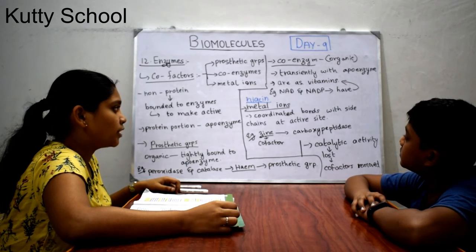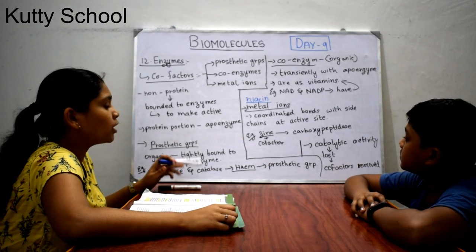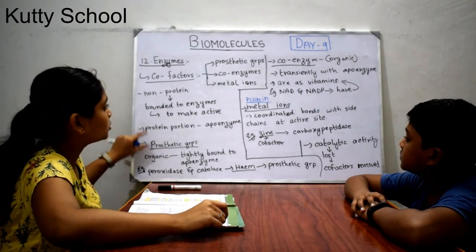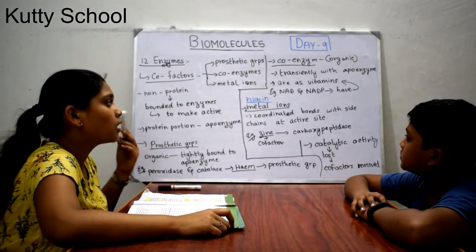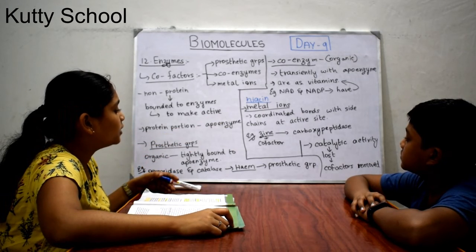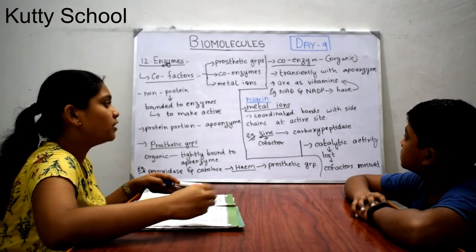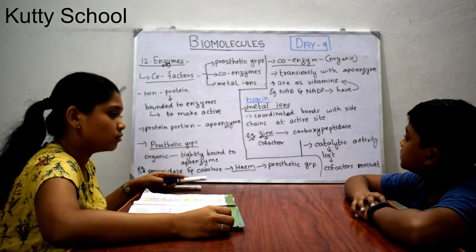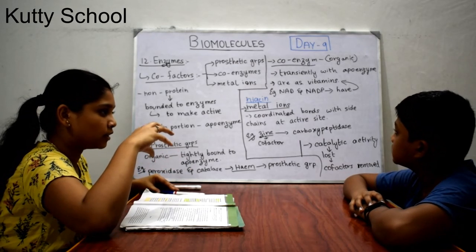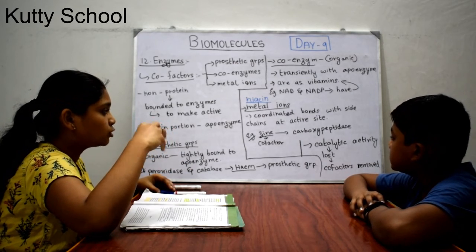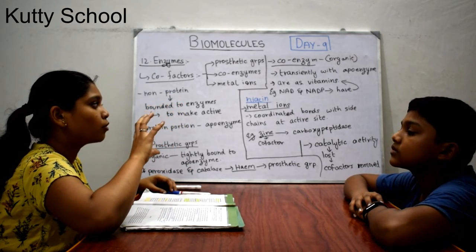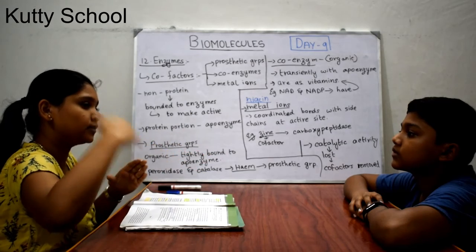And the third one is metal ions. Metal ions are inorganic. Till now we have seen prosthetic groups and coenzymes, which are organic, but these metal ions are inorganic. They form coordinate bonds with side chains at the active site. Do you know what an active site is? We have discussed that active sites are present on the enzymes. When the substrates are attached, these metal ions form coordinate bonds between the enzyme and the substrate.